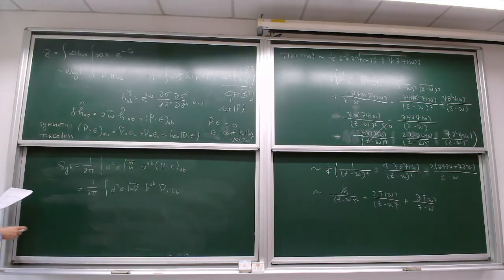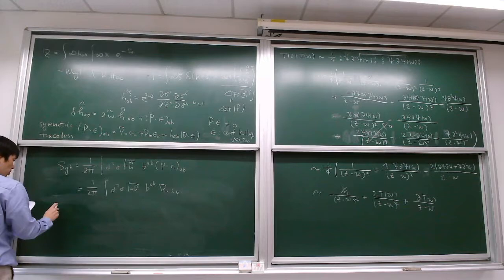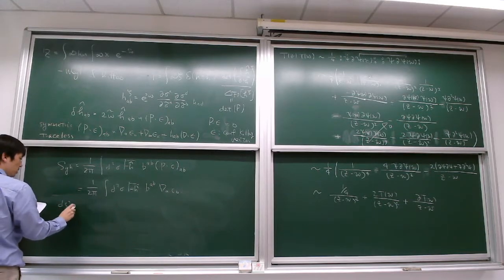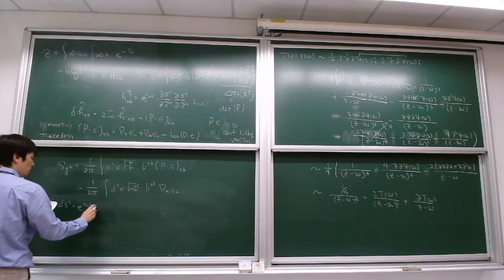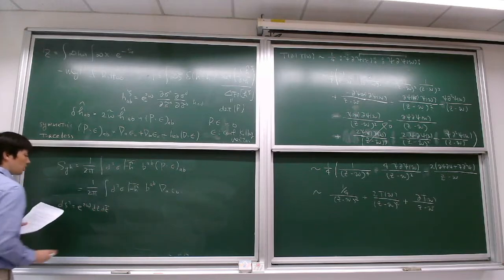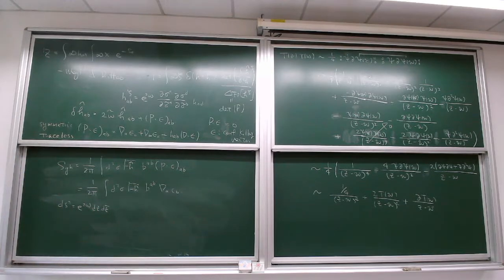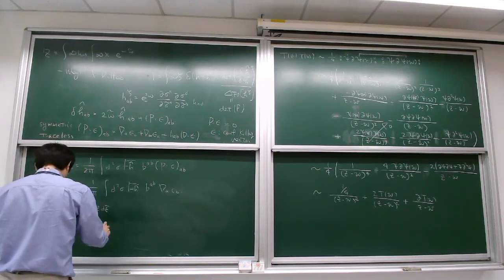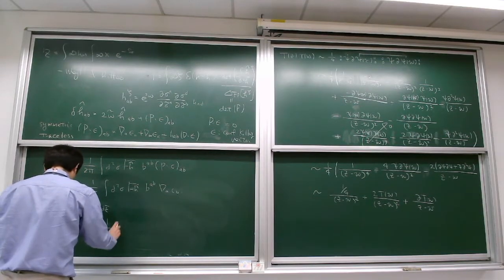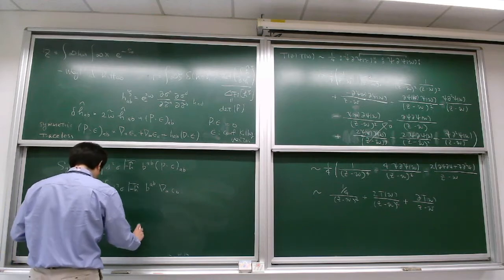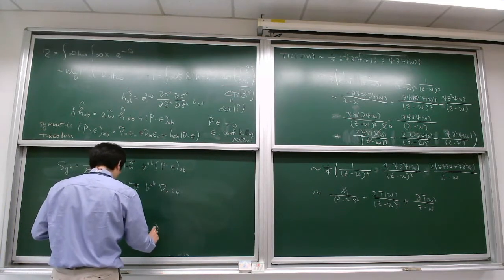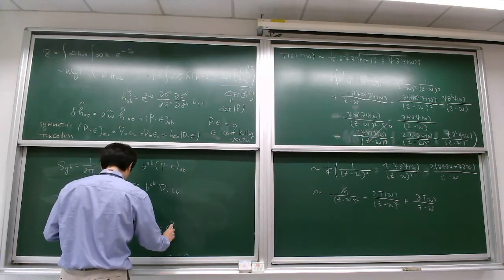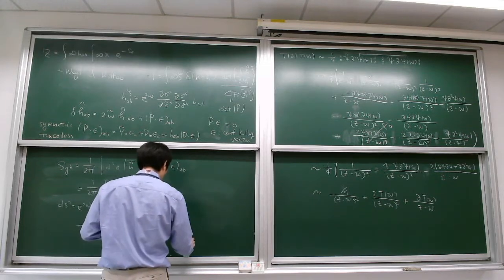Then if you take the conformal gauge, so ds squared is equal to e to the 2 omega dz dz bar, this action will become 1 over 2 pi integral d squared z, c dz-bar b, plus the c-bar term.